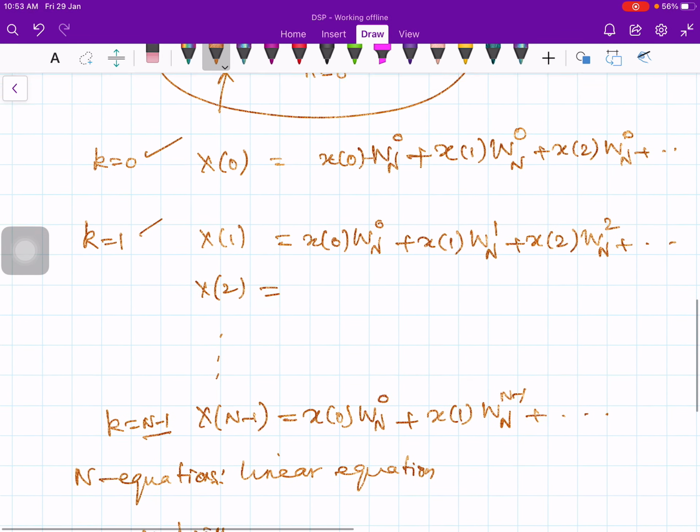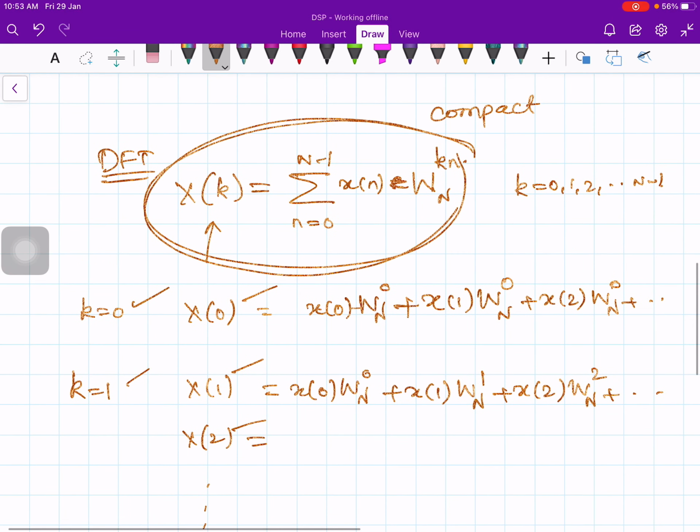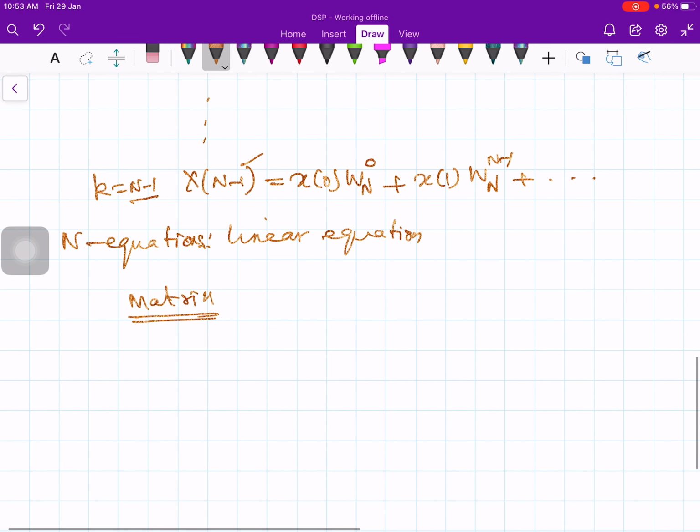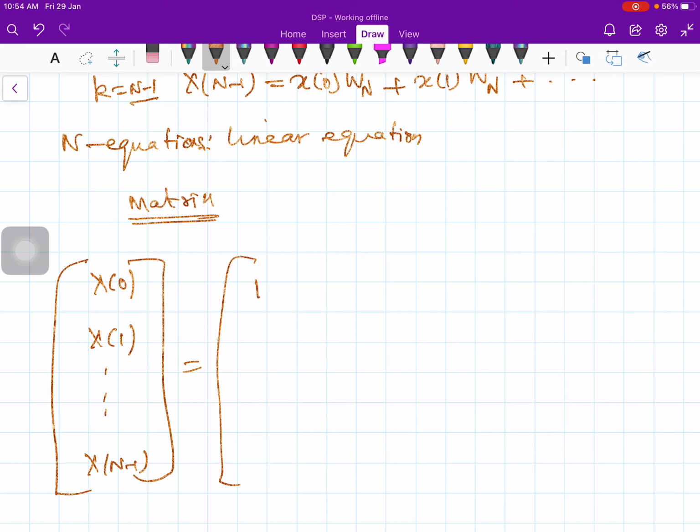See, these n equations, x of 0, x of 1, x of 2 up to x of n minus 1, you can write in the matrix form as follows: x of 0, x of 1, dot dot dot, x of n minus 1. And here in the matrix form you can write 1, 1, dot dot dot, 1, and here 1, Wn power 1, Wn square, then Wn to the n minus 1, dot dot dot.